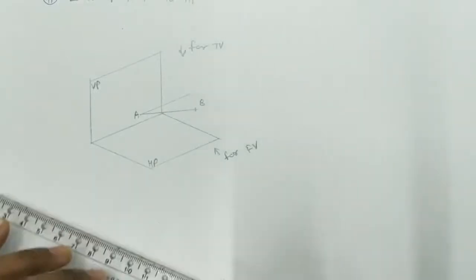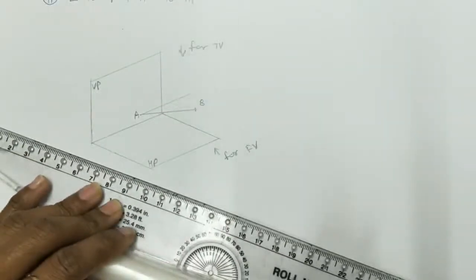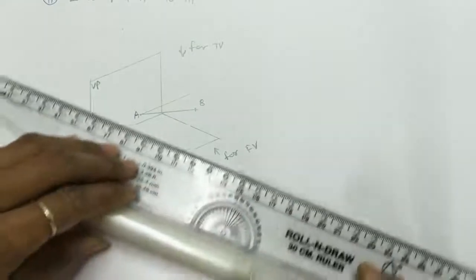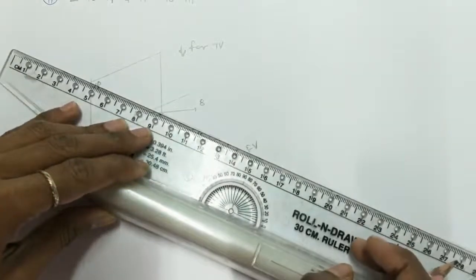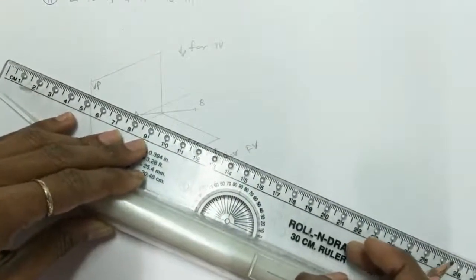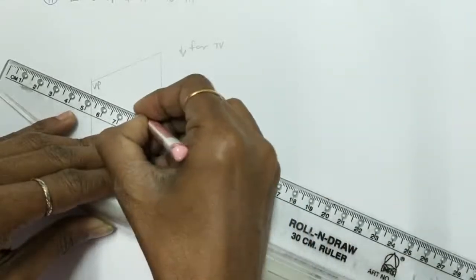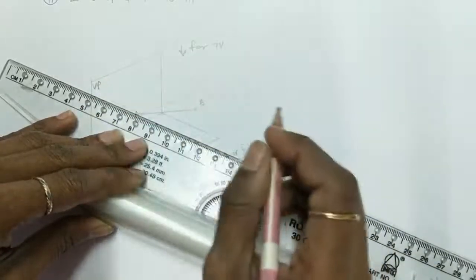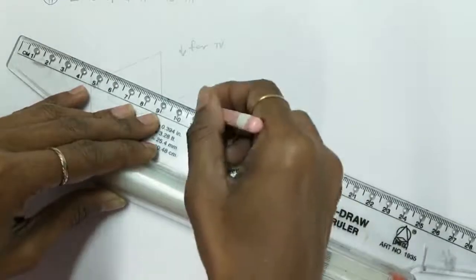So for drawing the front view, now take projections from point A and point B.